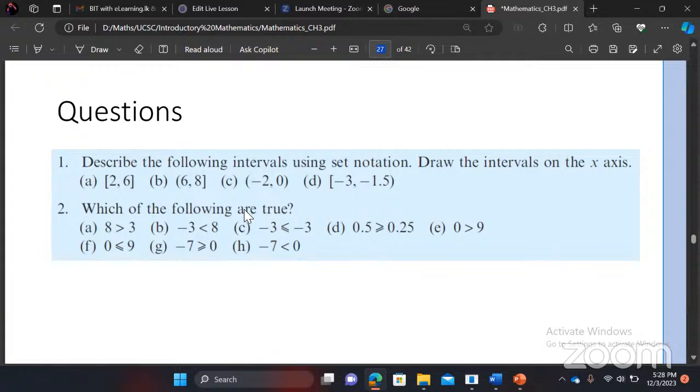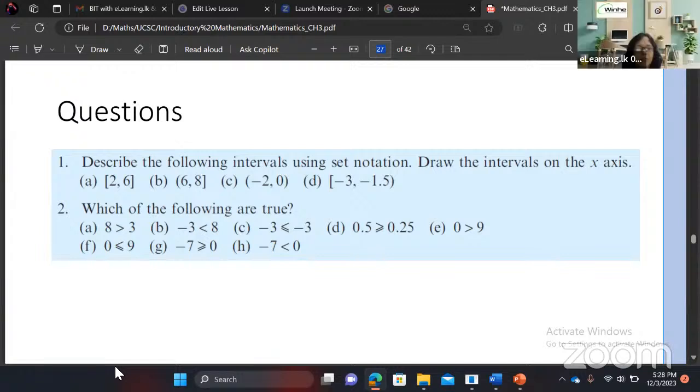Then which of the following are true? 8 is greater than 3. Is it true? You can unmute your mic and answer. Is 8 greater than 3 true?